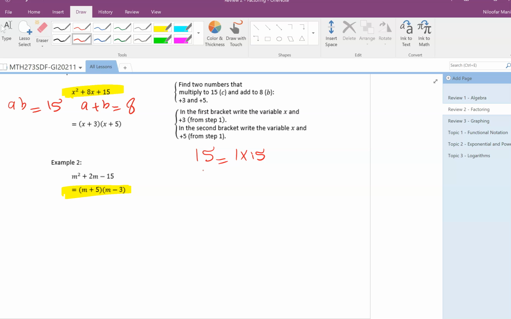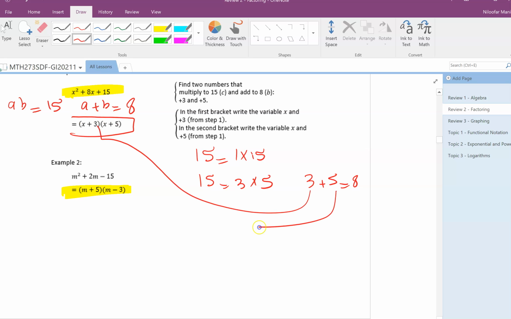Multiplication is commutative, so I can change the order, but it doesn't help me. How about 15 equals 3 times 5? Oh yes, 3 plus 5 is 8. So I'm done. Look here: when you find the numbers, one of them goes here, one of them goes here, and then you are done.